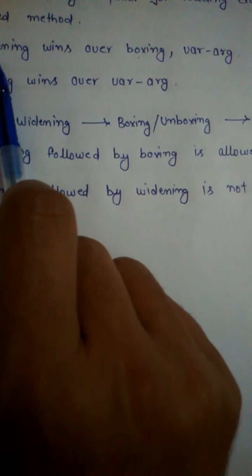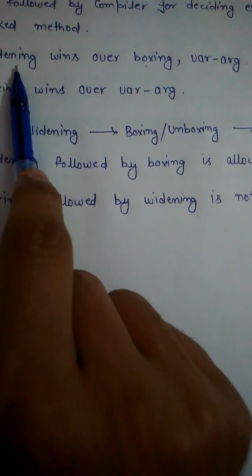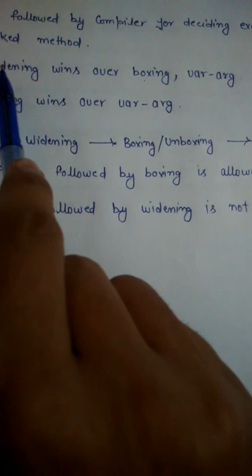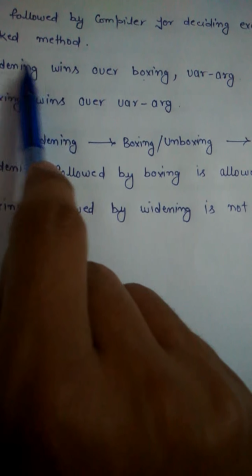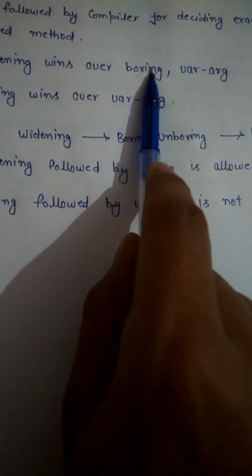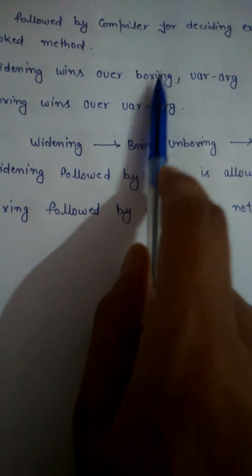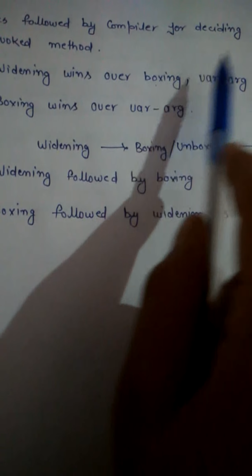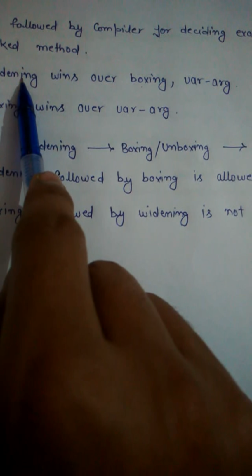The first rule defines the sequence: if the compiler doesn't find the exact match, first of all it will perform widening. If in widening it doesn't find any exact match, then it will perform boxing. If it doesn't find any exact match in boxing, then it will perform variable arguments. So widening wins over boxing and variable arguments, which means widening is the supermost.